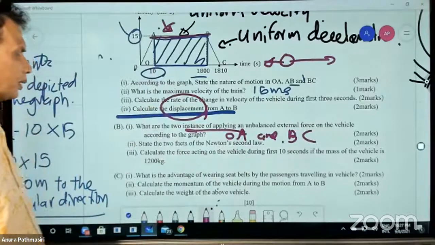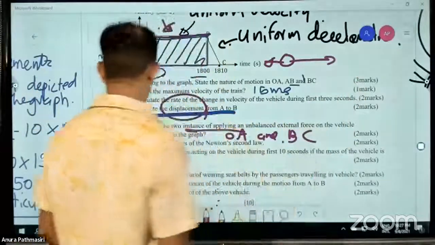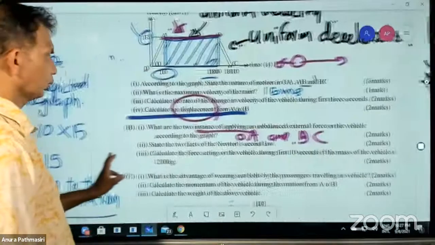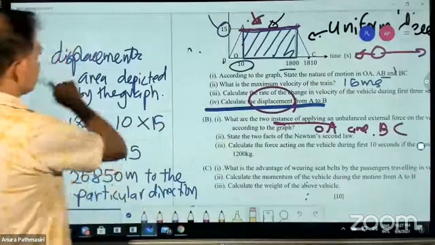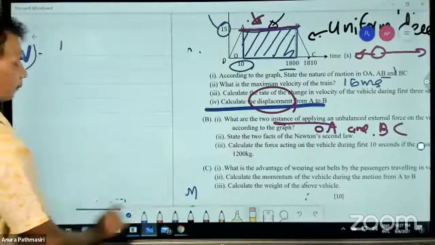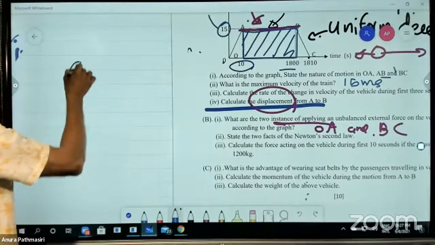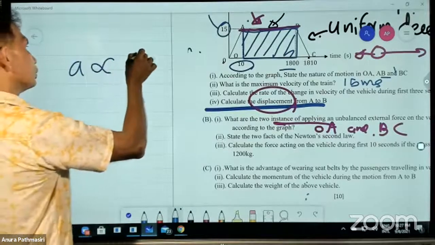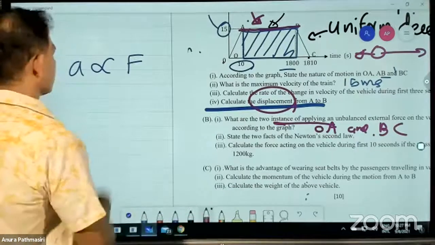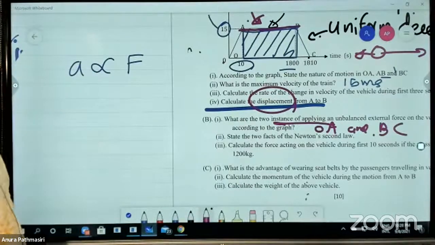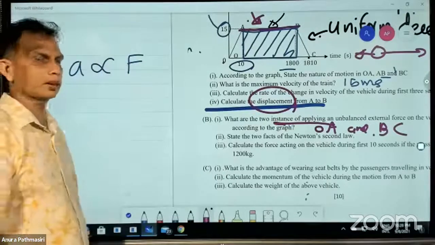To state the two facts of Newton's second law of motion: Newton's second law of motion indicates that F equals ma. So the acceleration is directly proportional to the unbalanced force applied, capital F. So one point is that: acceleration is directly proportional to the unbalanced force applied.